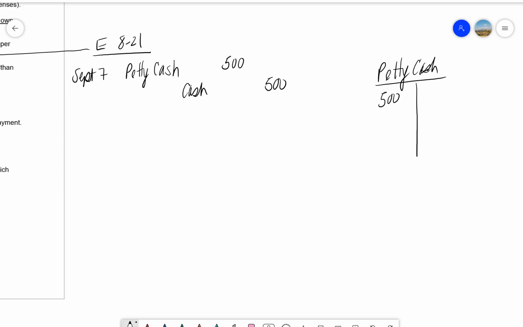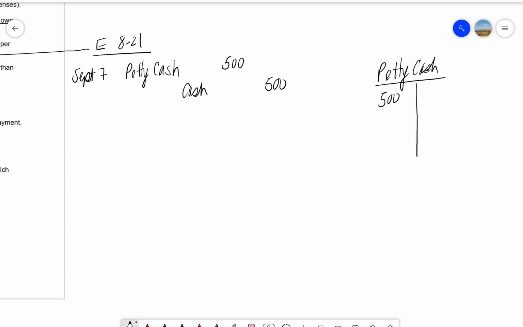Now, if you look at the question, during the first few weeks, they spend money out of the petty cash fund for delivery, postage, supplies, and also miscellaneous. Now, during those dates, nothing is done to the accounting records. The petty cash custodian will definitely keep track of all the receipts and all the expenditures, but nothing will be done from an accounting perspective until they want to replenish it.